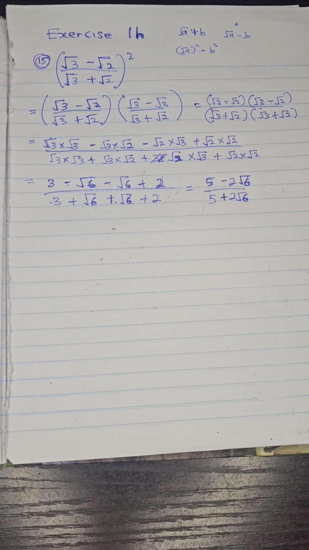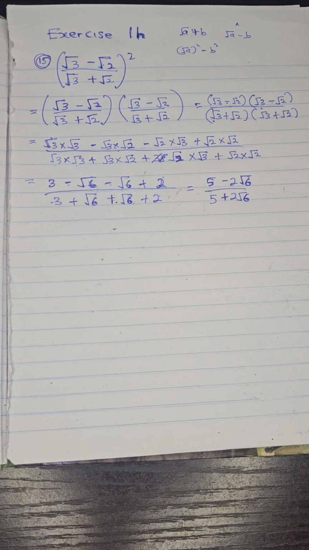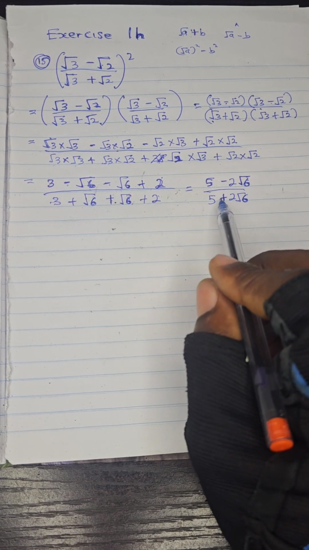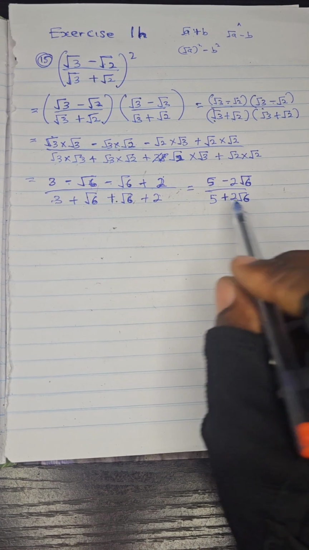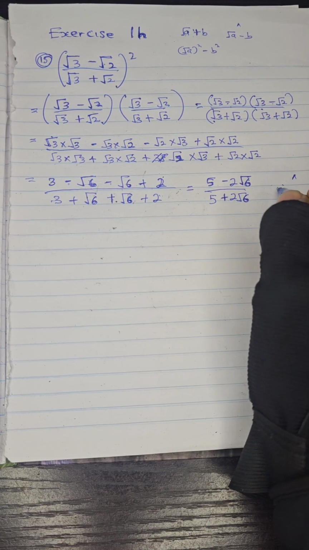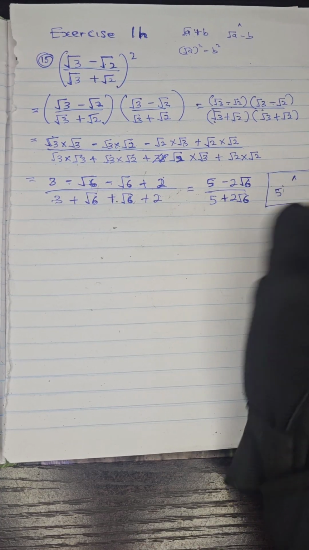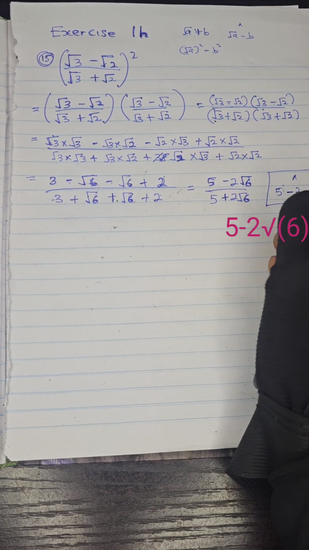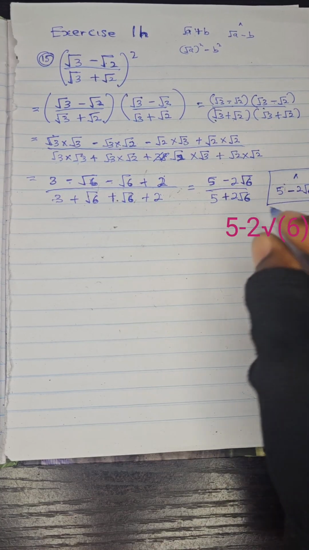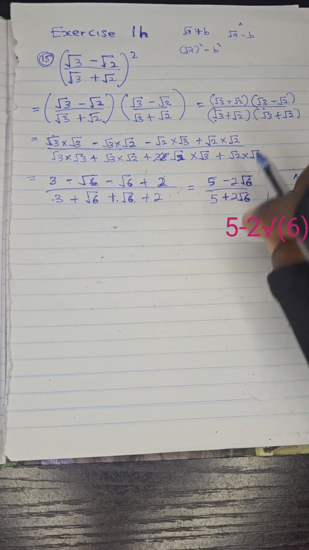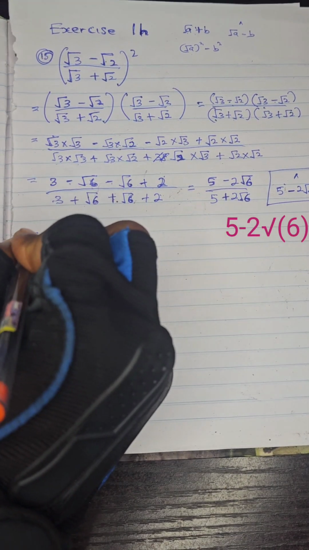And what method do you think we will use? For those that said rationalization, you are correct. So now this number, what was the conjugate of this number? Simply, the conjugate is the same number, but you now have a negative sign. So this is what we are going to use to multiply both the denominator and the numerator. So we'll go further.